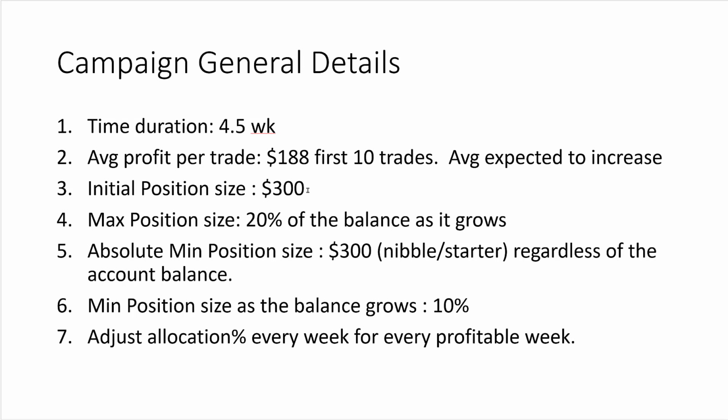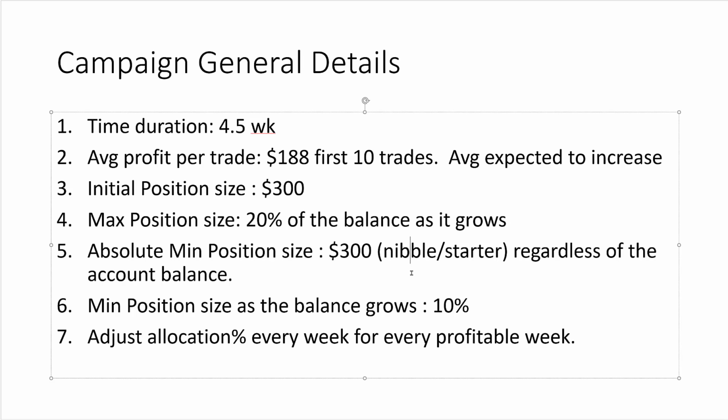We should understand that the campaign involves using an initial position size that's 20% of the balance, so that's $300 of 1,500. Max position size will also be capped at 20% as the balance keeps on growing. The absolute minimum position size will be $300, and that's a nibbler and a starter, regardless of the account balance.